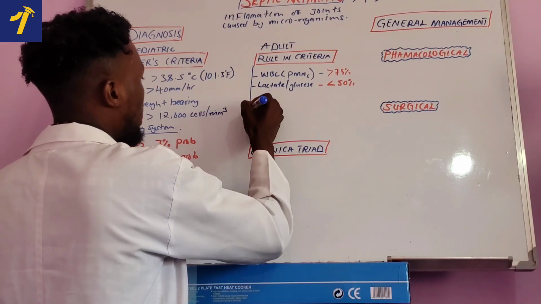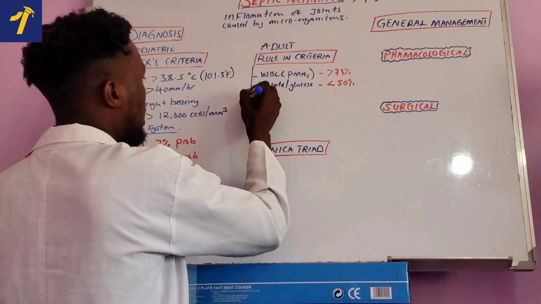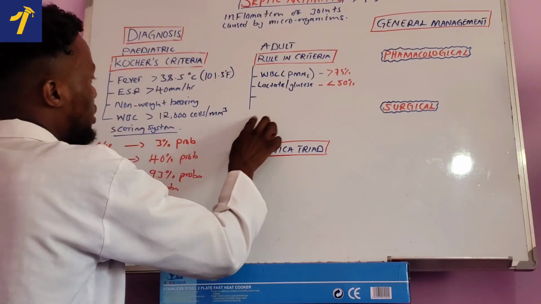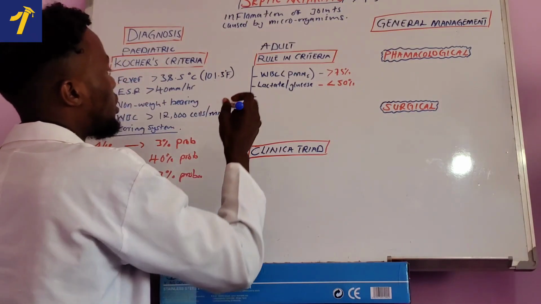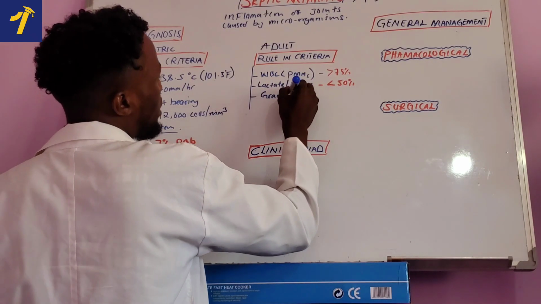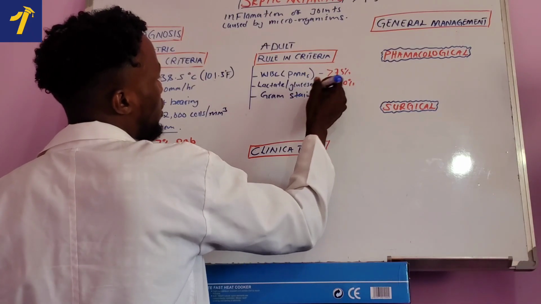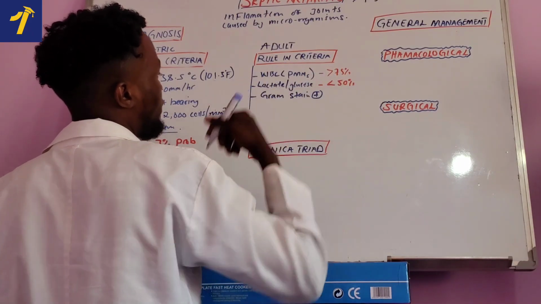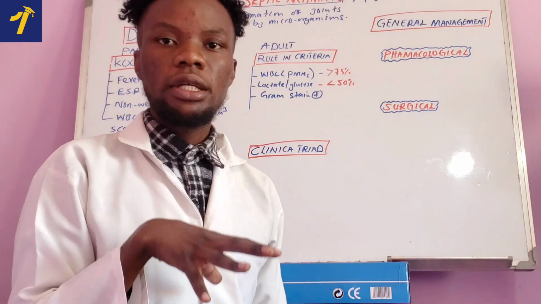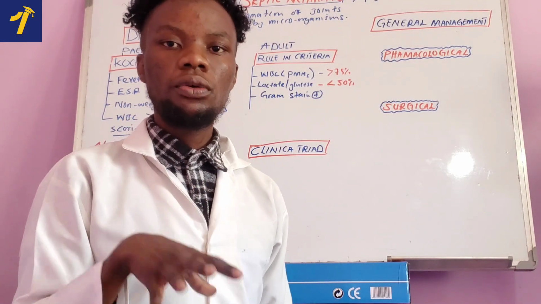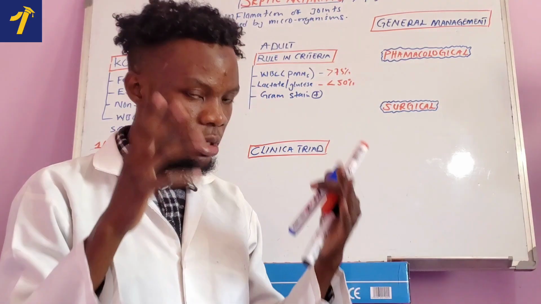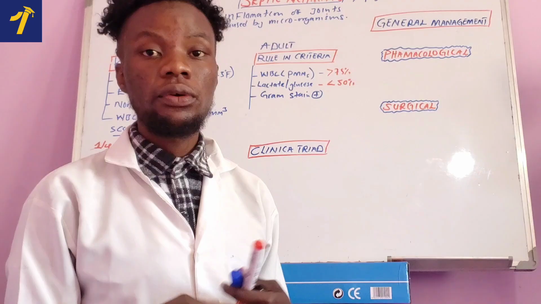Okay, another factor that we can put here is gram stain. So we're going to have what? A positive. Because the microorganism or the bacteria is there, remember that the common cause of septic arthritis is bacterial in origin, which we said was Staphylococcus aureus.